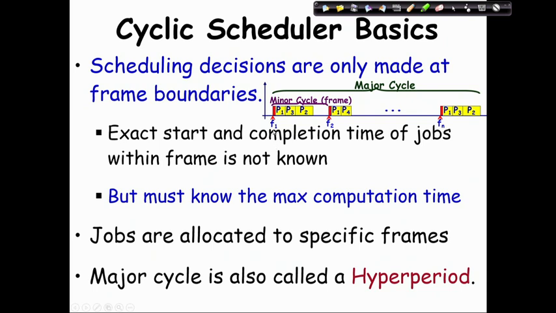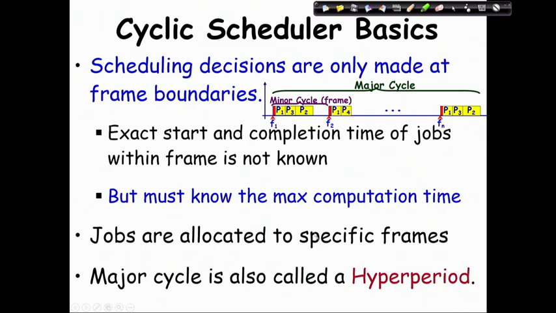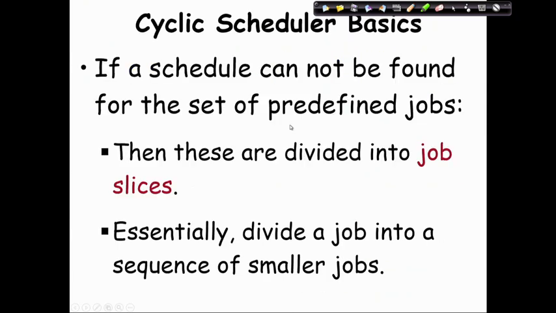So, maybe in one major cycle, or a hyper period, as the major cycle is also called, some task instances, that is jobs, run multiple times, some jobs run only once, etc. So, as far as the cyclic schedulers are concerned, one important question to answer is how to fix the frame duration and how to assign tasks to the frames.